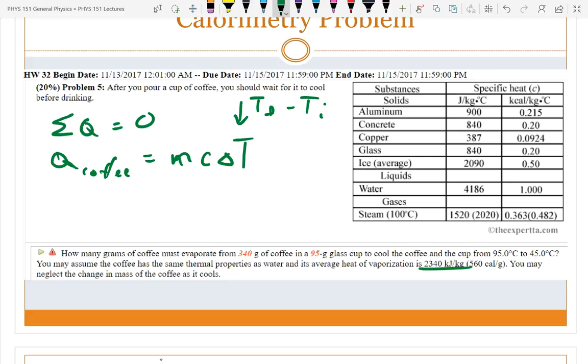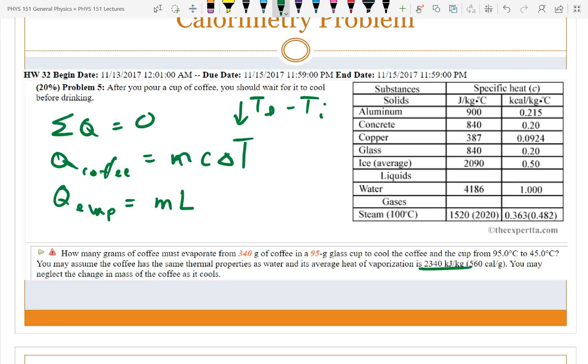Then you also have the Q for evaporation, which is going to be mass times the latent heat. Now, if it's evaporating, you're putting heat into it, right? And so heat is going out of the coffee and into the steam. Which direction is that going to be?